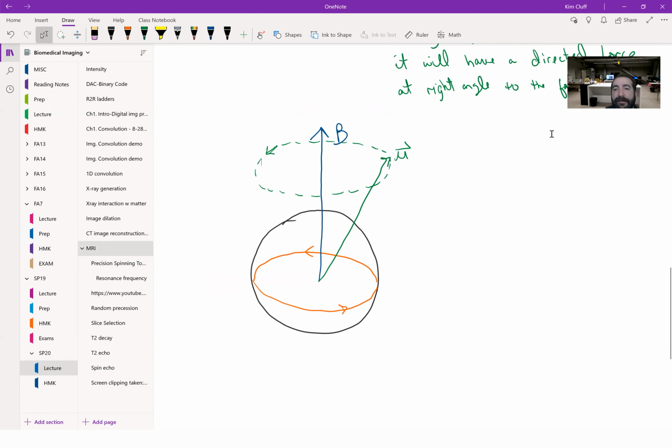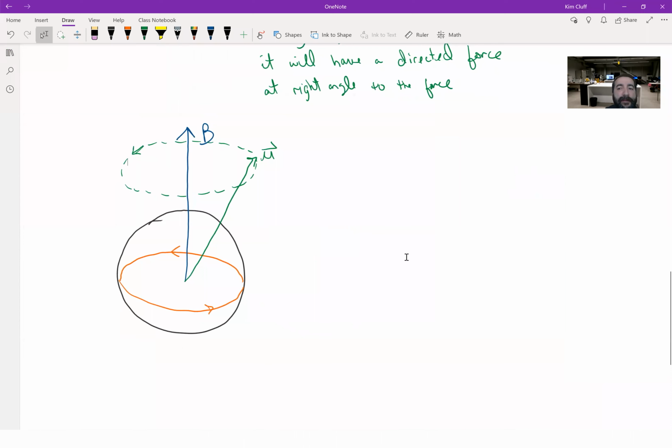Coming back here to our example, again, we have a hydrogen atom, which has a charge, which goes in a closed loop, which produces a magnetic moment.